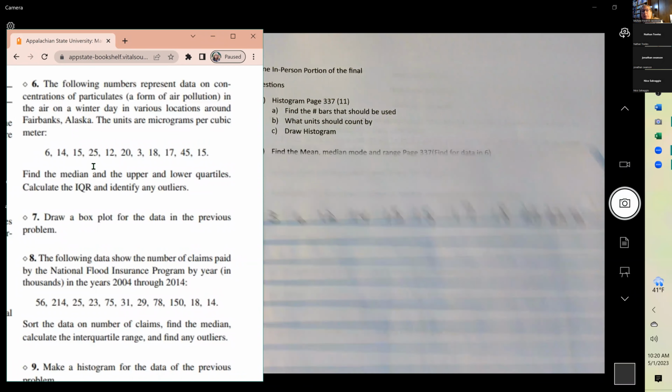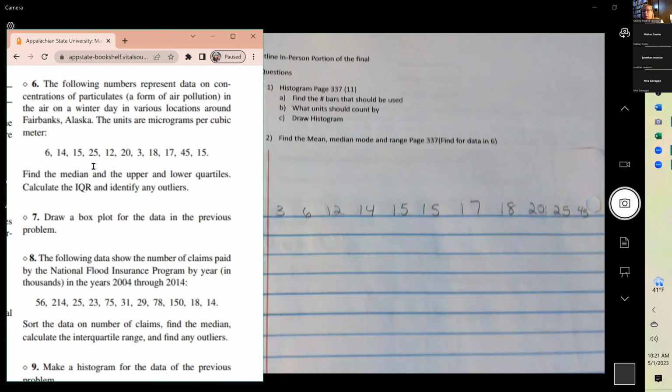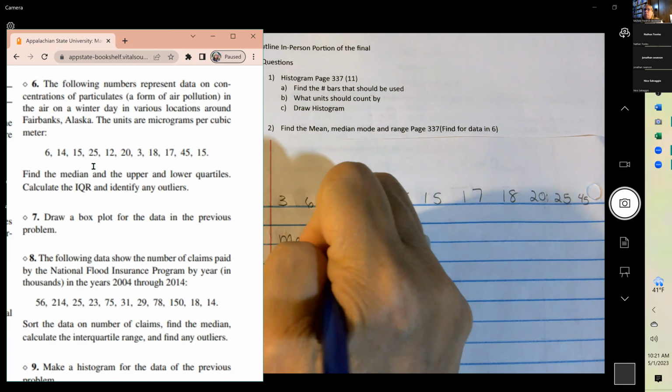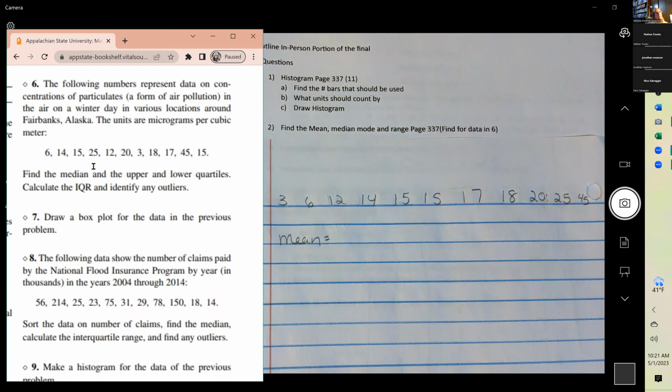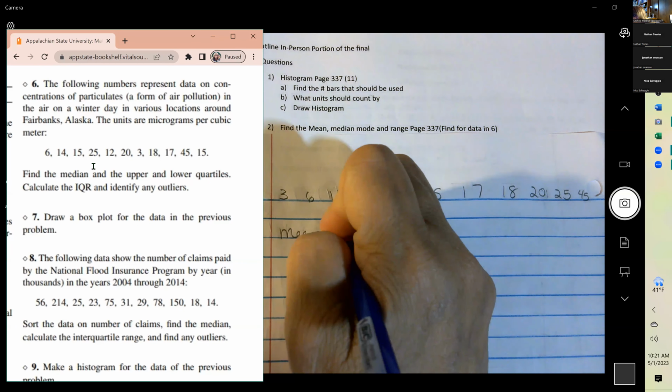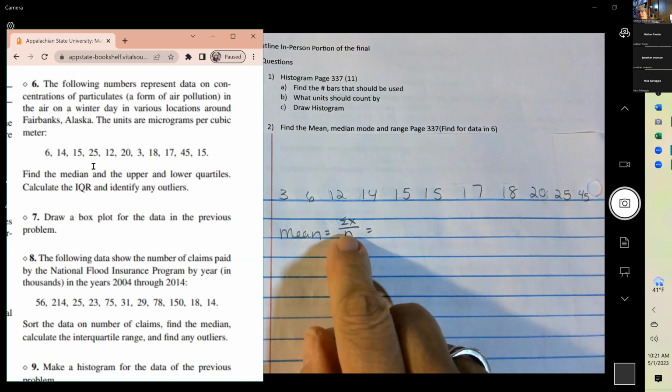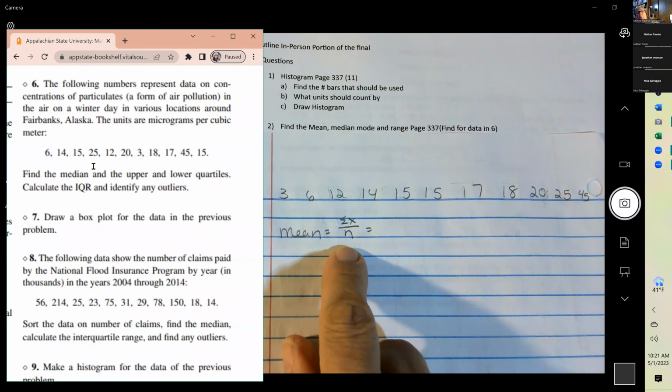We want to find mean, median, mode, and range. How do you find the mean? Anyone? Add all of them up and divide by how many there are.